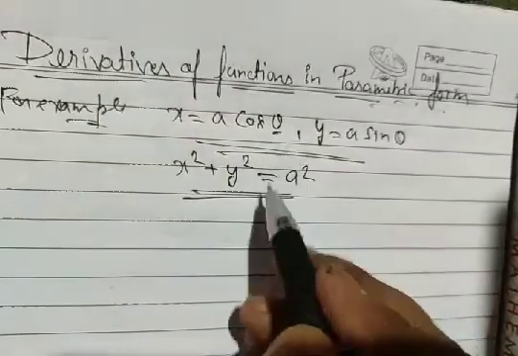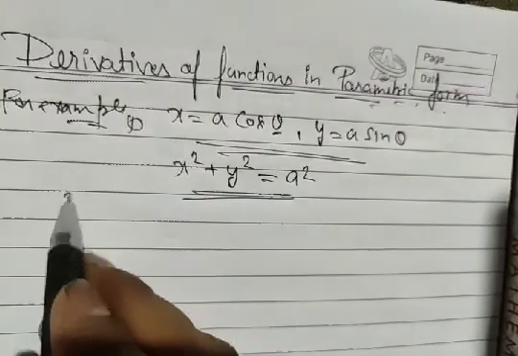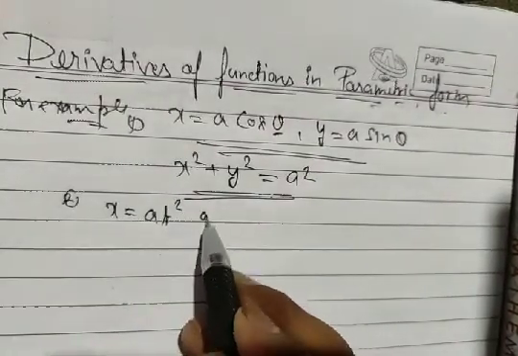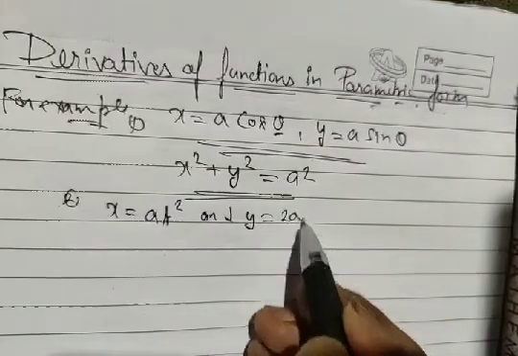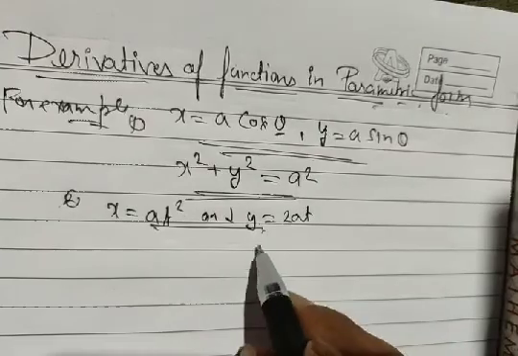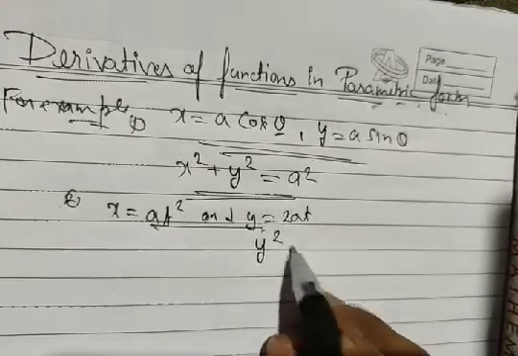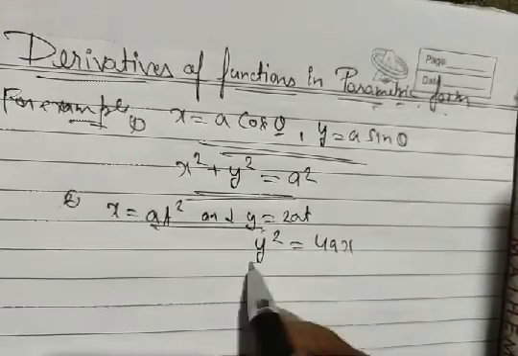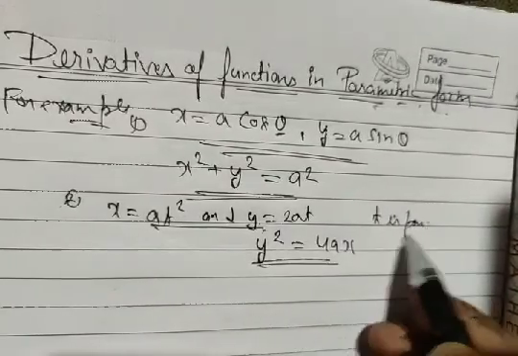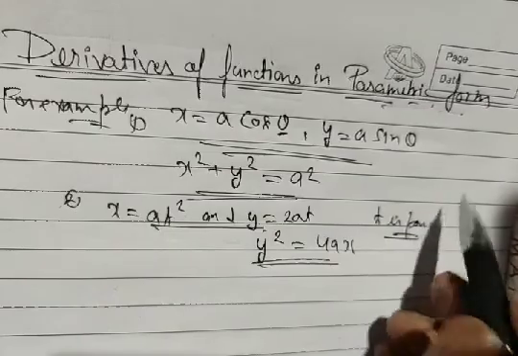Theta is our parameter here. Also one of the examples, x equal to at square and y equal to 2at. These are the parametric equations for the parabola y square equal to 4ax. Here t is the parameter.